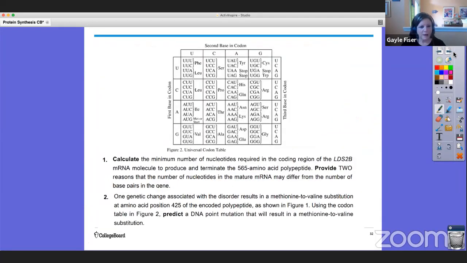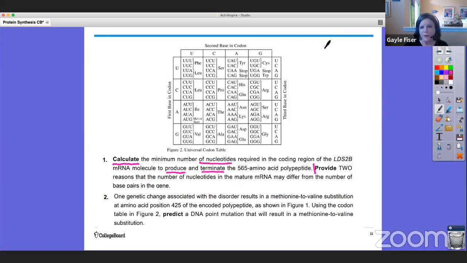Okay. Now we have our genetic code. Let's calculate. First thing we have to do, calculate the minimum number of nucleotides required in the coding region of the LDS2B gene to produce and terminate the 565 amino acid polypeptide. And I'm going to stop right there.